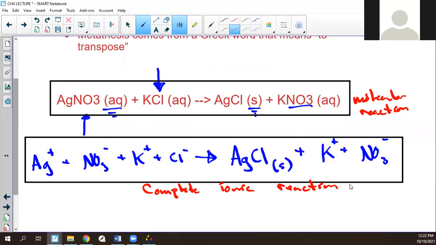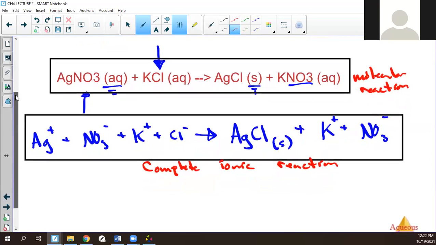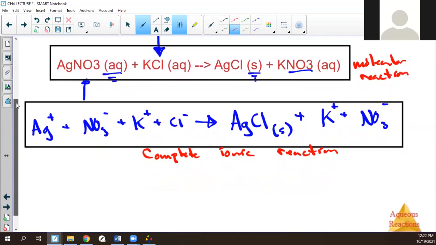Now, here's the deal. And it makes things easier in the long run, once this clicks. If you look at the complete ionic reaction, is there any species that's exactly the same on the left and the right side of the arrow? Seth, you're nodding your head like, yeah. What is exactly the same? All right.